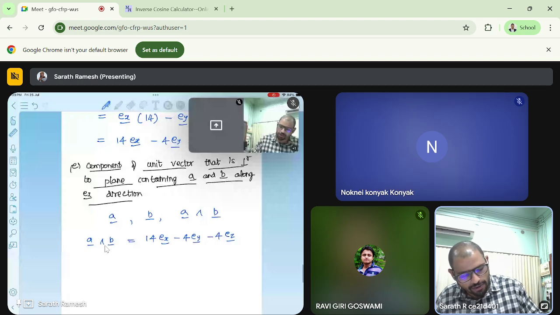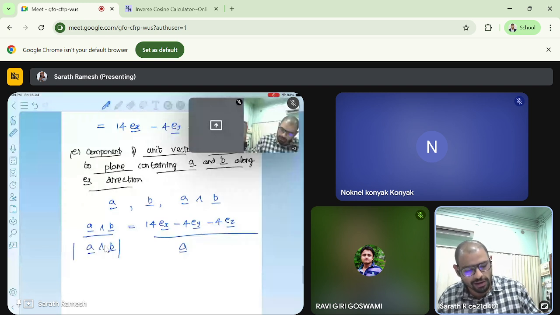Suppose I have 5 Ex as a vector. If I want to make it a unit vector, I will divide by 5, so it will be 1 Ex.